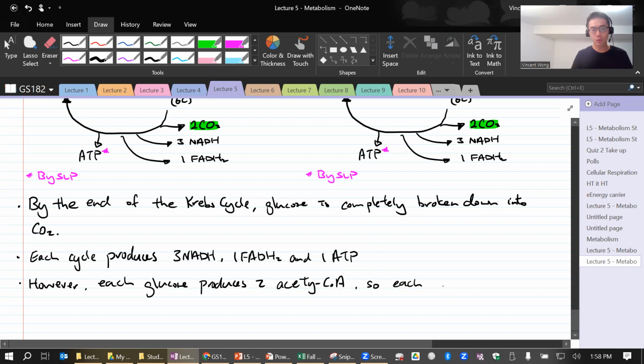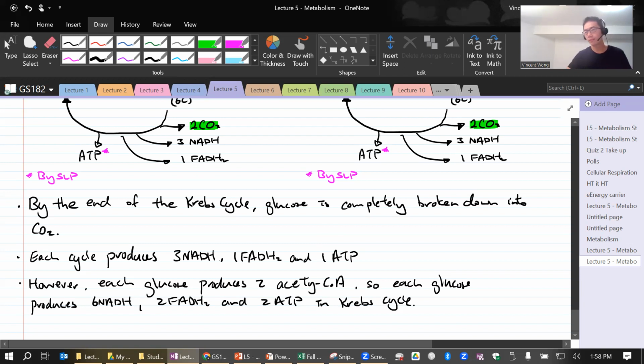So each glucose produces 6 NADH, right? 3 plus 3 is 6. 2 FADH2 and 2 ATP in Krebs cycle. Okay.